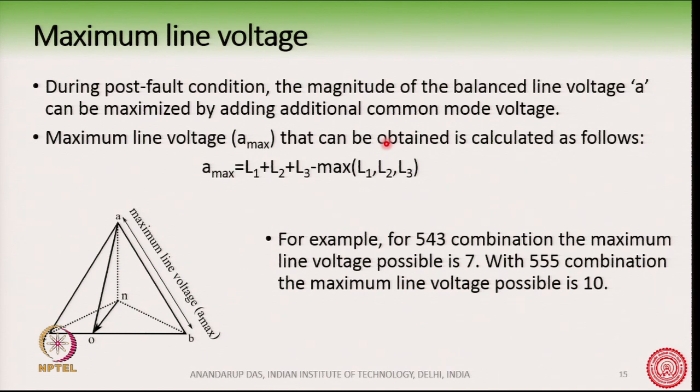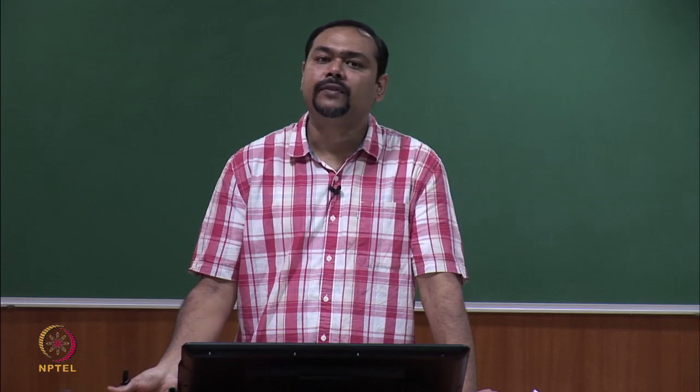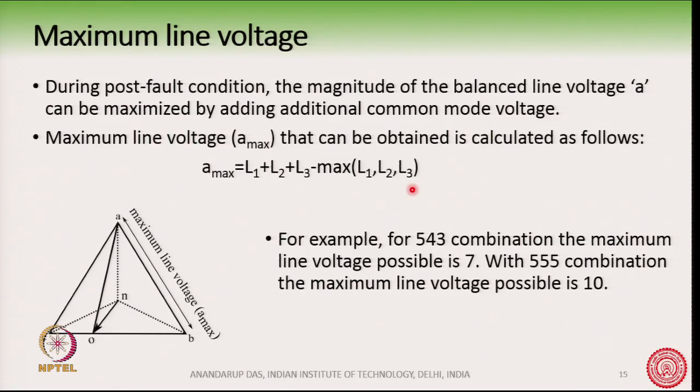That means 5 plus 4 plus 3 is 12, and 12 minus the max of 5-4-3, which is 5, is 7. So, the maximum line voltage that is possible with this converter during unbalanced pole voltage is 7, and of course, with a 5-5-5 combination, the maximum line voltage possible is 10.